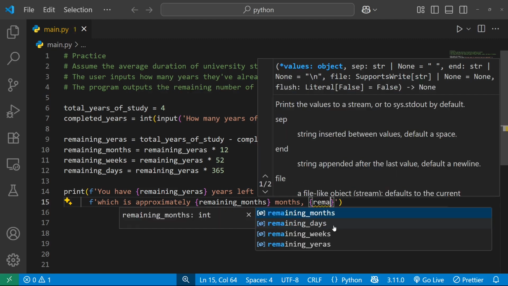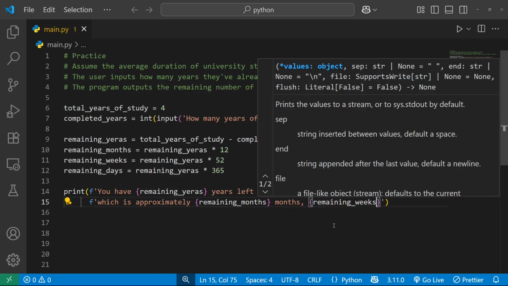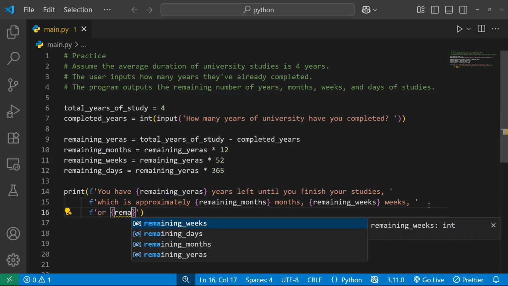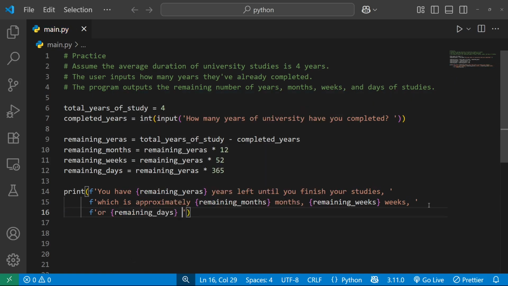Here remaining weeks, and I will write weeks here. Okay, maybe a space here, yes, the space is very important, or remaining days. I will write days here. So if you want, it isn't necessary, it's completely up to you.